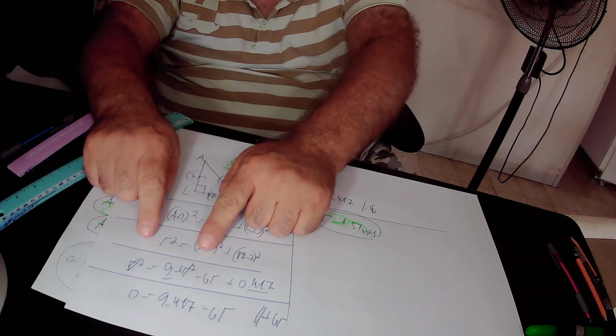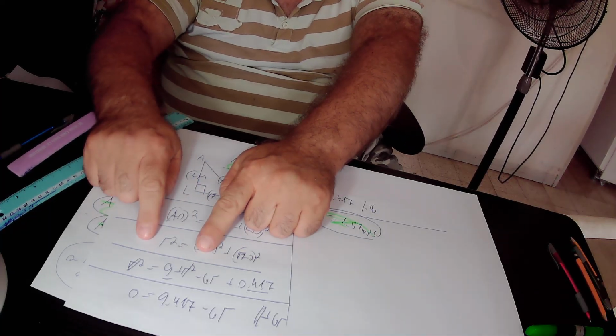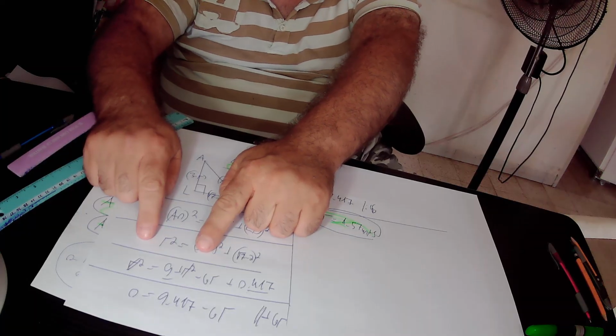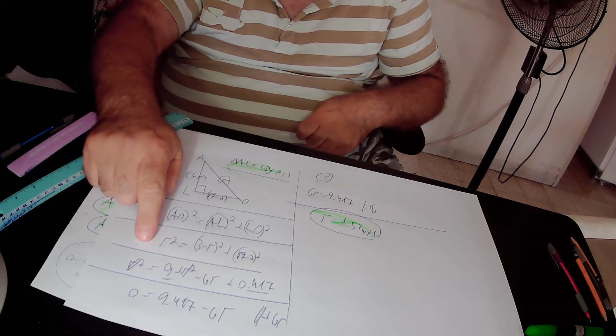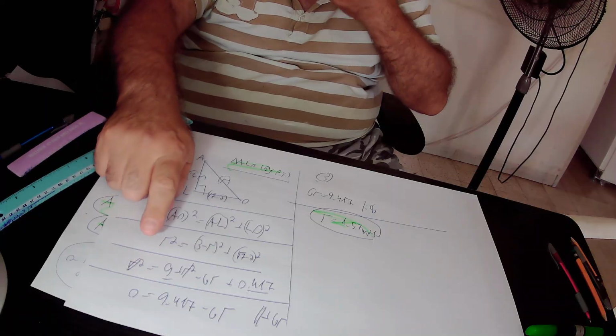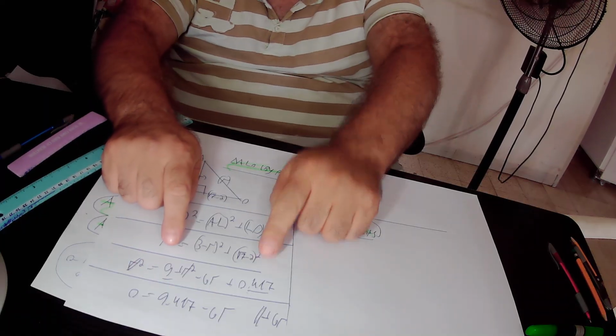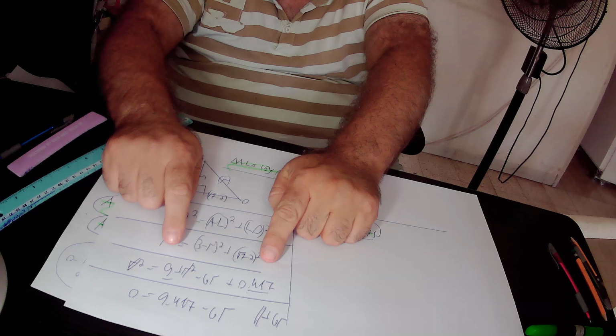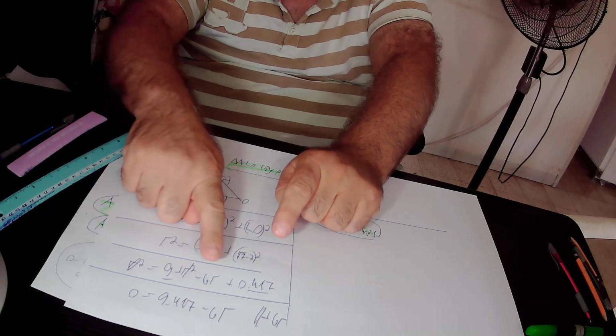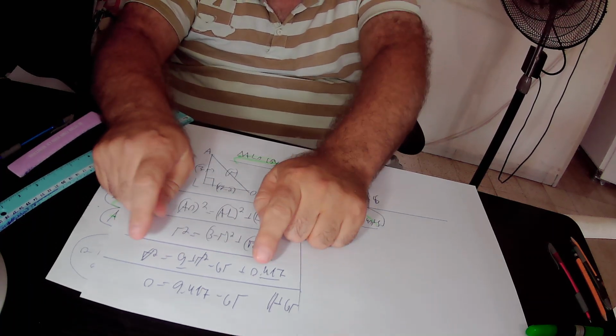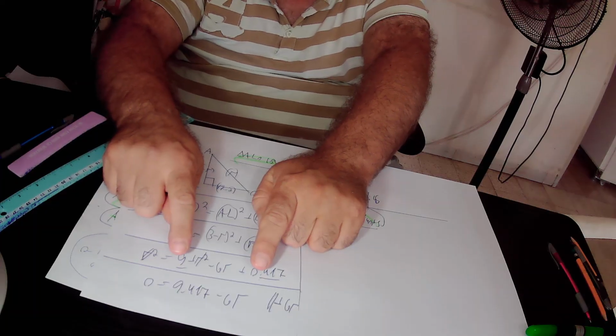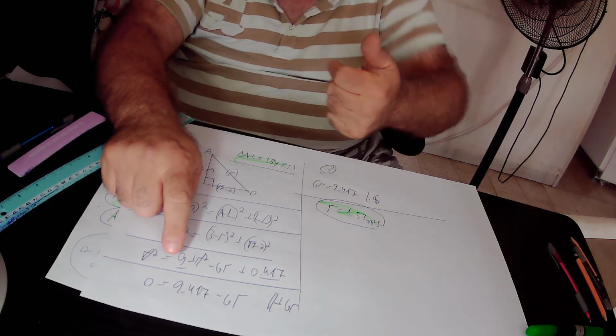Here we have R squared on both sides of this equation, so R squared gets cancelled, and on one side of the equation we are left with 0, and on the other side we have 9 plus 0.417, that is 9.417 minus 6R. So we find that 0 equals 9.417 minus 6R. Here we added 6R to this equation.